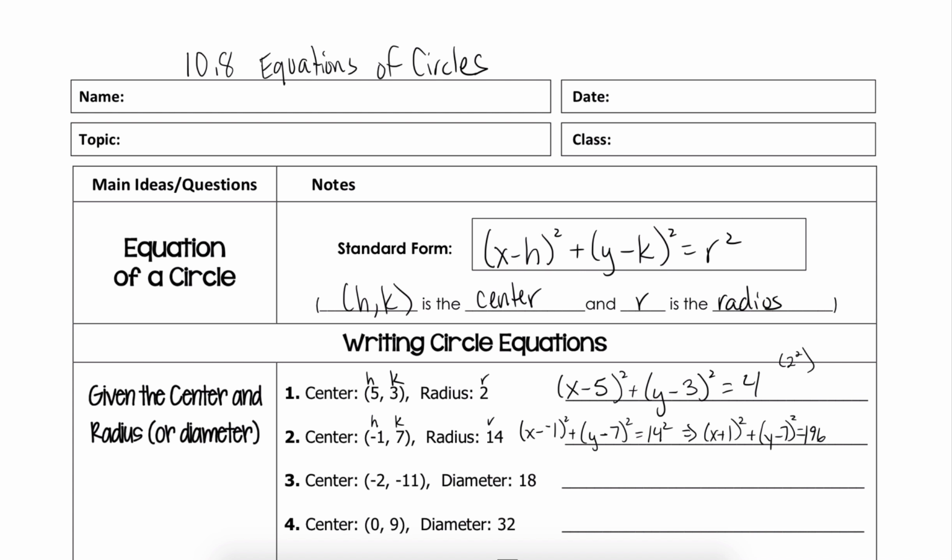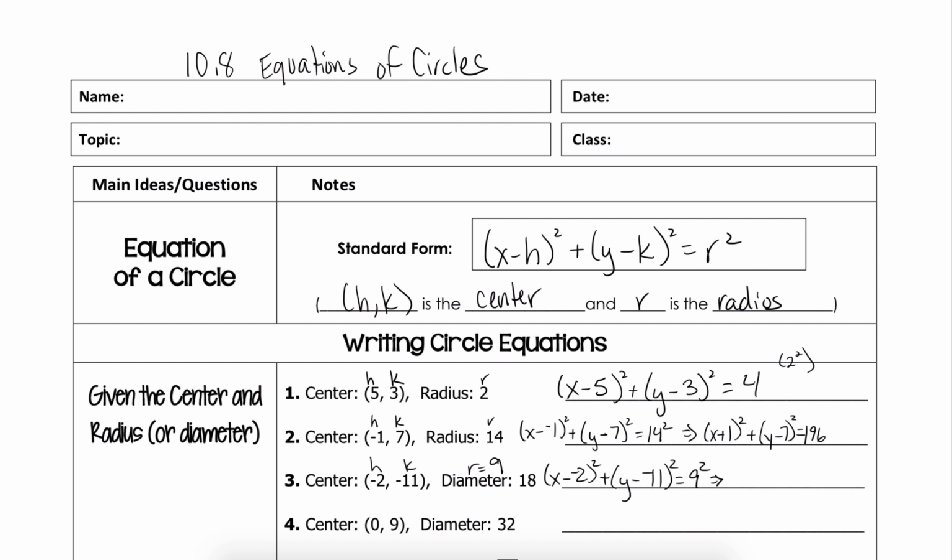Number 3, I've got an h and a k. Careful here, it says diameter. Diameter is 18. So that means I know the r is 9. Now when I put in my formula, (x − (−2))² plus (y − (−11))² equals 9².